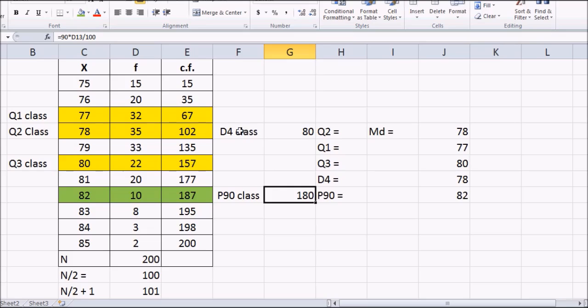Similarly, for D4 we took both the 80th and 81st data. Similarly, for Q1 we took the average of the 50th and 51st data, and so on.